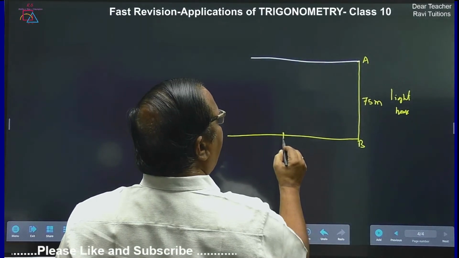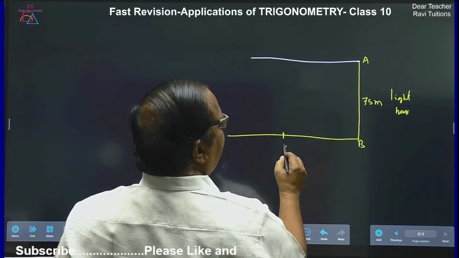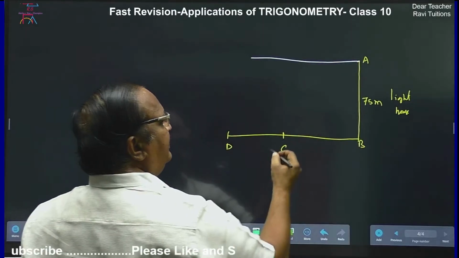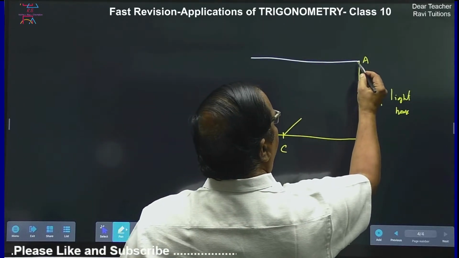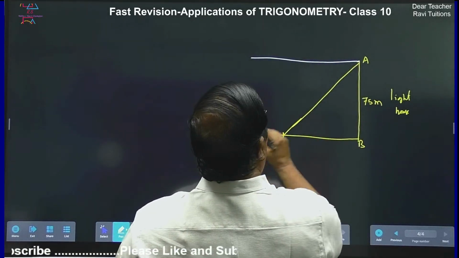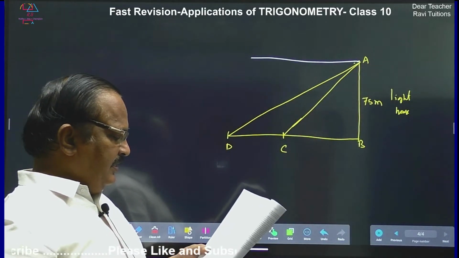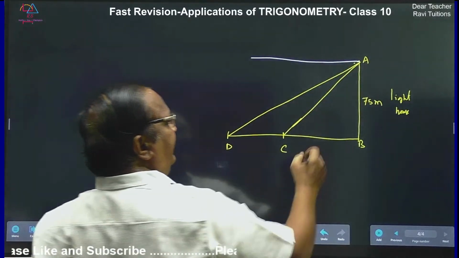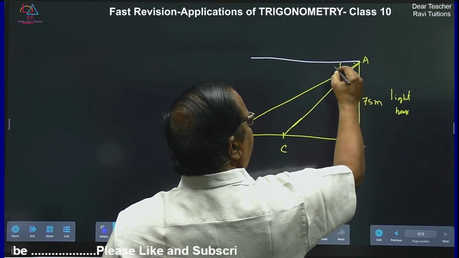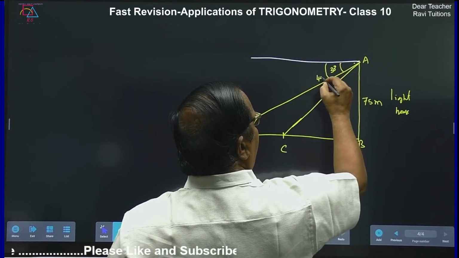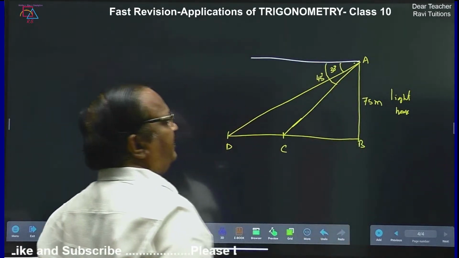One ship is at C, one ship is at D. So, from this the angles of depression, this is one and this is one more. So, this is 30 degrees. Use your common sense: the bigger angle is 45, the other is 30 degrees.